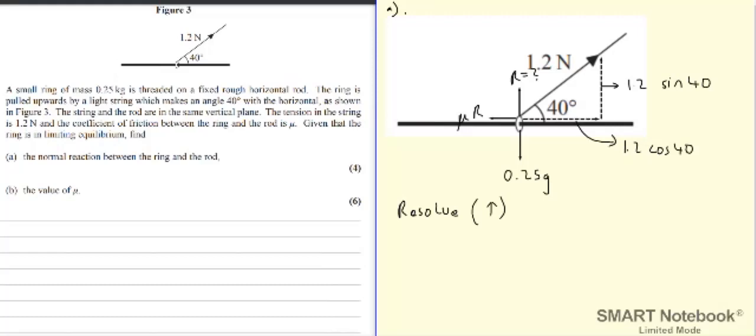So vertically, your upward forces are going to equal your downward forces. So we have positive R, positive 1.2 sine 40, equals 0.25 g, your downward force.